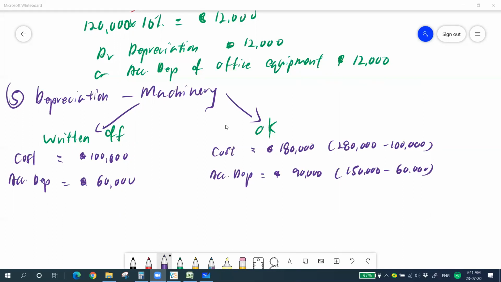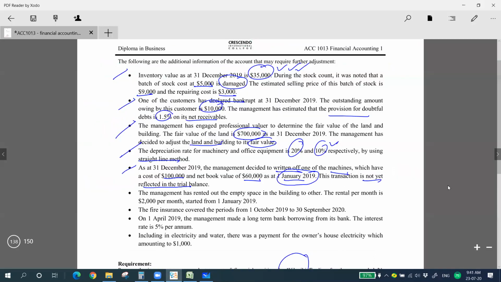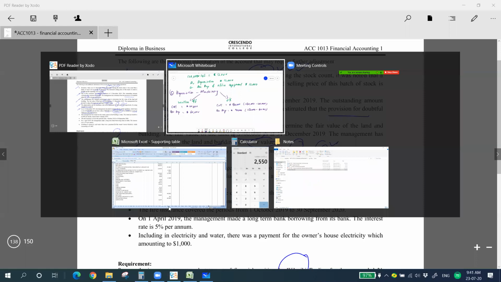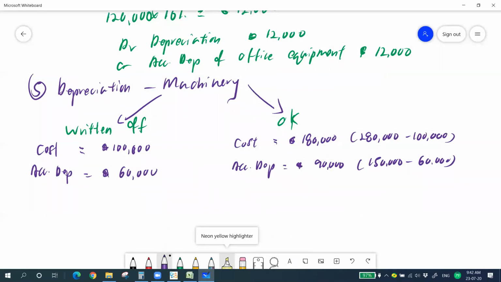So why is the net book value accumulated? Wait, net book value. Oh yeah. Thanks for reminding me. I am blur. Thank you so much.